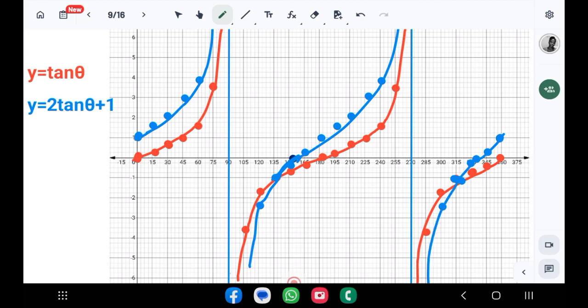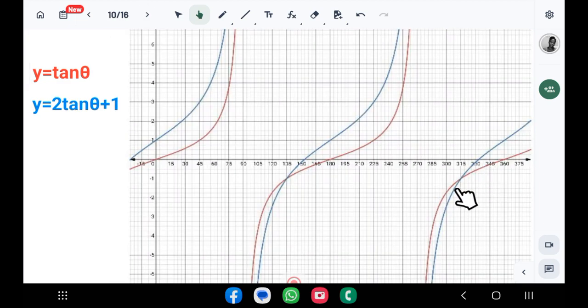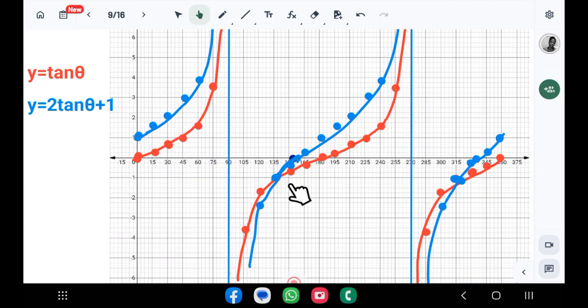And that is how the graph of y equals to 2 tan theta plus 1 is supposed to be. Now let's look at what the graph calculator shows. Okay, they meet at 315 and 135. Let's see if we got that right. 135 and 315 at -1, both of them. Perfect. Now the shape also goes accordingly.